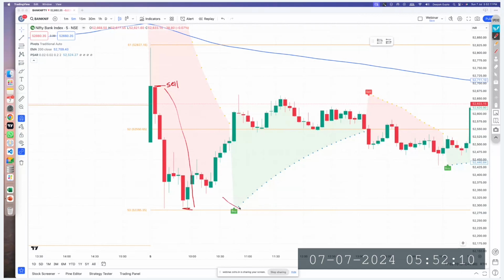We will not buy because the price was below the moving average. So we identified it as a downtrend. So we will not be using a buy signal. Again, there was a sell signal indicated here. So we will probably sell it. Wait for the market to go down. Once the indicator changes to buy, we'll probably close our trade.